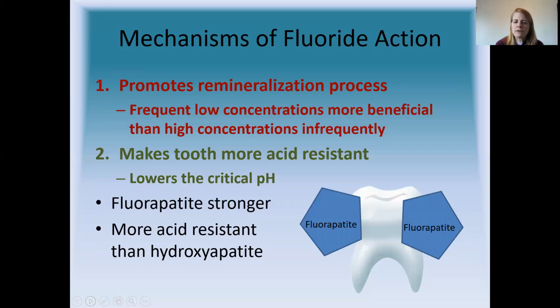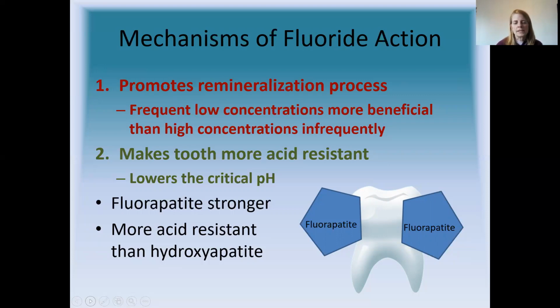The mechanisms of action of fluoride: they promote the remineralization process. We want frequent low concentrations. That is more beneficial than if we just got high concentrations infrequently. So it's not enough for a child or a person to come to the dentist and get a fluoride treatment every 6 months.